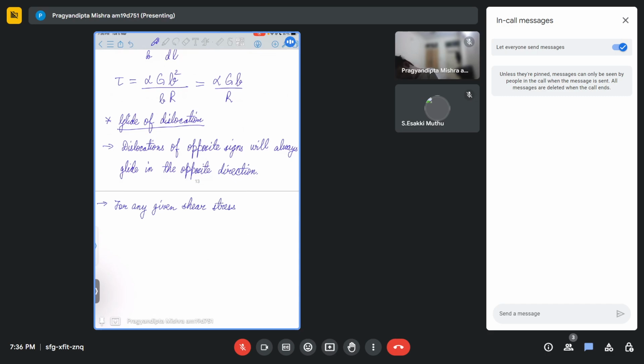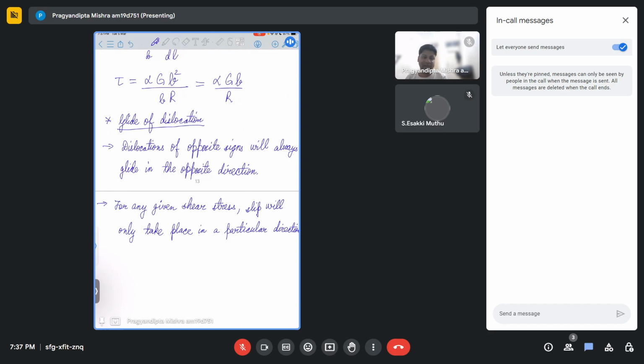For any given value of shear stress, slip will only take place in a particular direction, whether it's positive, negative, edge or screw dislocation, it does not matter.